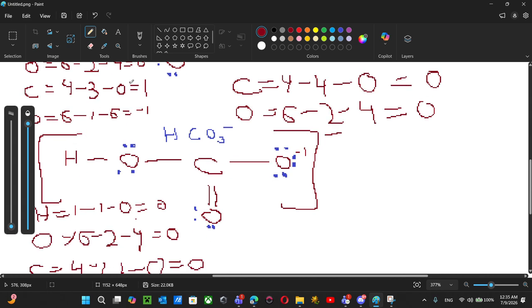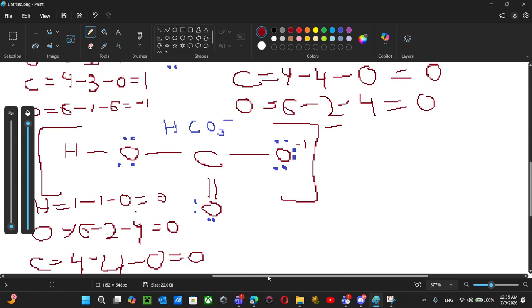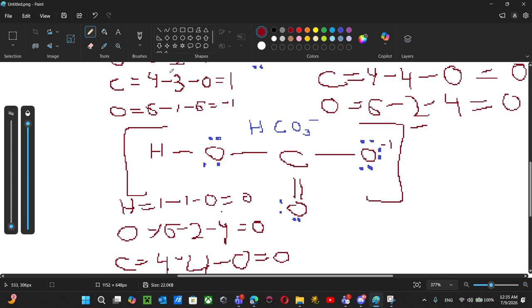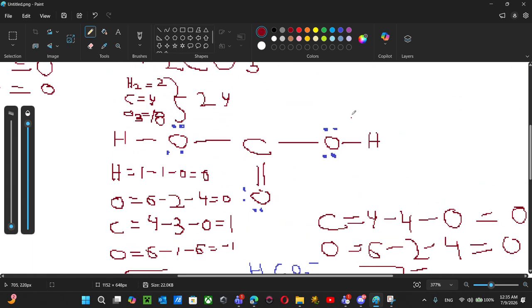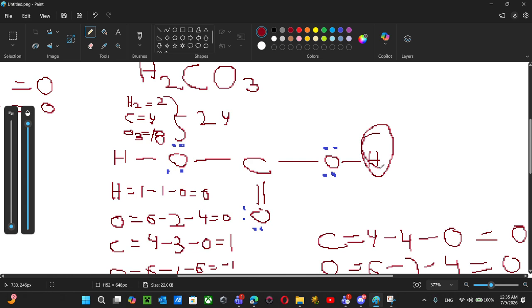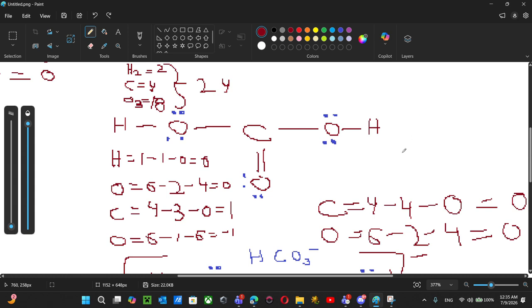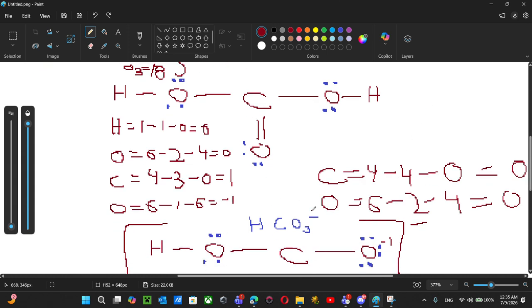So that's perfect. Then you want to make it a base. So again, just take the hydrogen away, because you lose a proton, become more negative, and gain an electron.